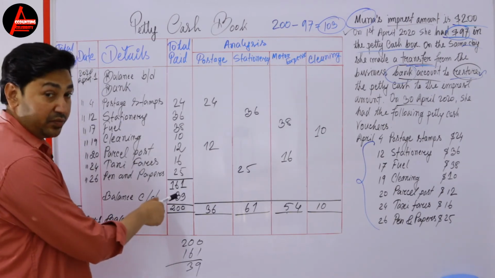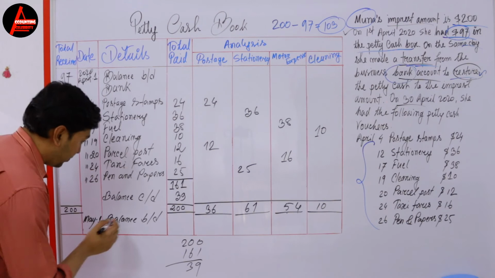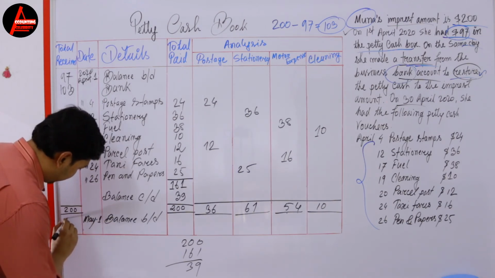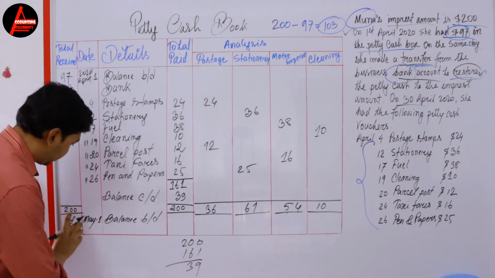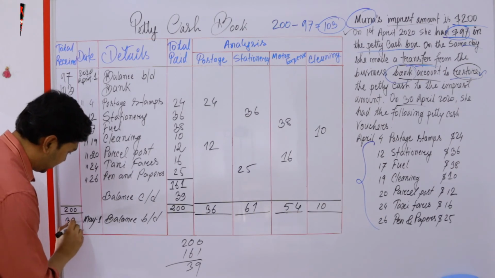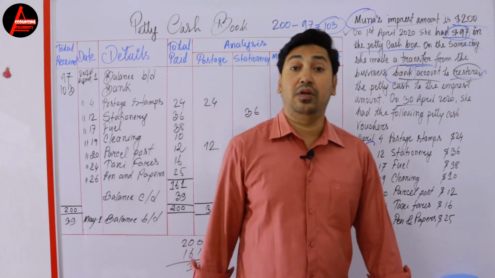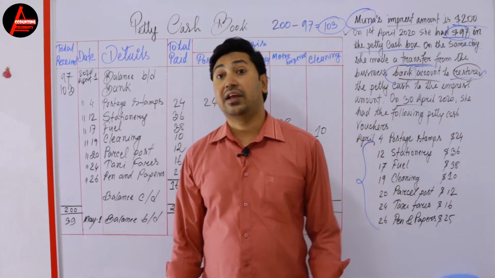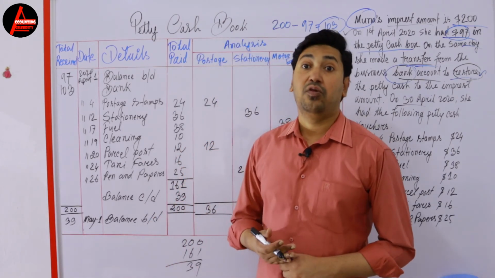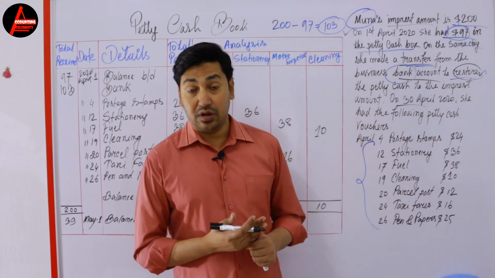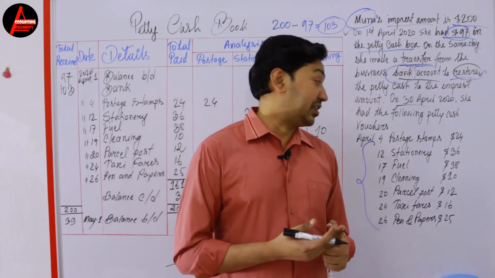Okay, same balance will be here, $39. That means $39. So this $39 will go to the next month, and with this $39 again the petty cashier will start making her transactions, okay.